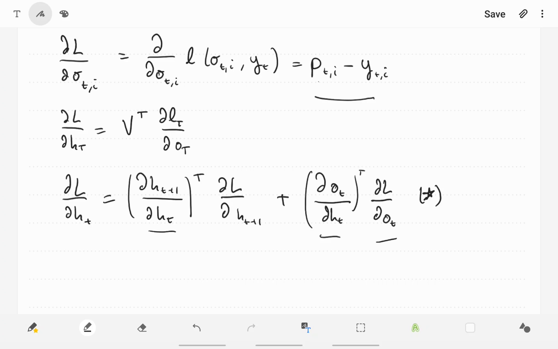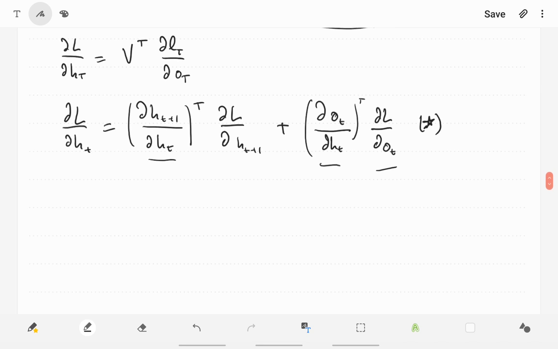These elements here: h sub t plus 1 is just a linear function of h sub t. So we're going to get another, or sorry, partial h sub t plus 1 over partial h sub t. It's linear with a tanh activation function. And so we also have to take the derivative with respect to tanh, but that's something we do with standard backpropagation.